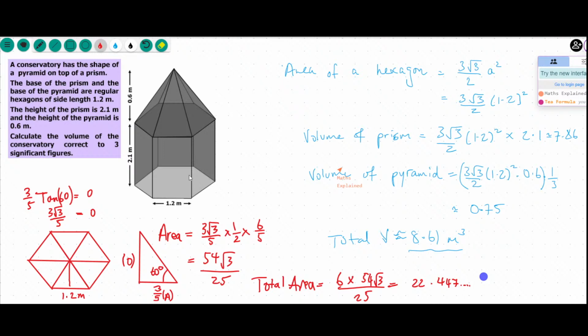I mean, it could get smaller at the top there. A third of the base times height, 0.6. Overall, I got 51. Yeah, I don't know.